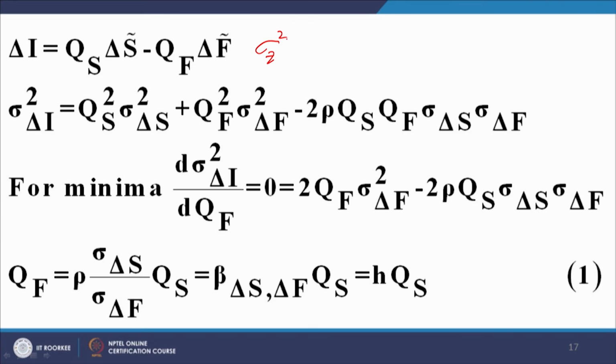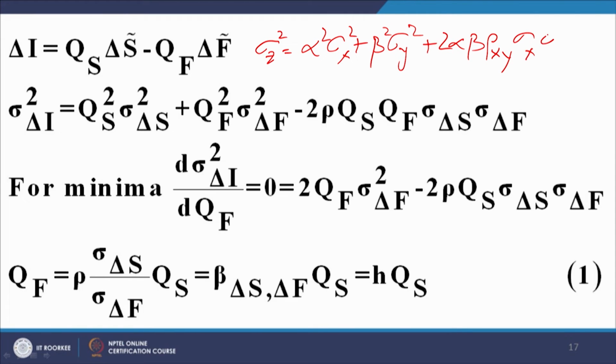Sigma z square is equal to alpha square sigma x square plus beta square sigma y square plus 2 alpha beta rho x y sigma x sigma y. Using this formula, we write the variance of delta I as equation number A.